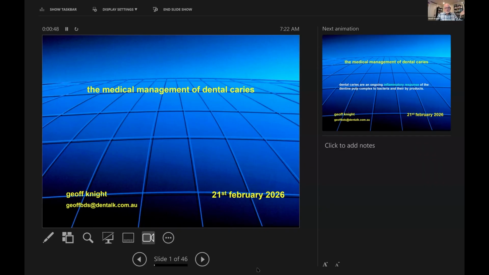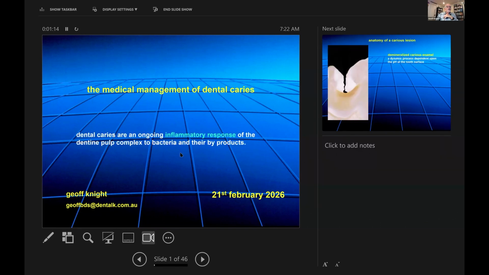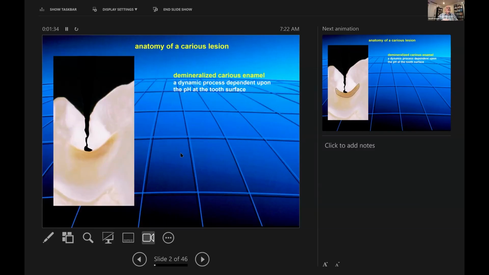It seemed we just removed the caries and put a restoration in. I pursued this through a PhD at one stage, and finally came to understand that dental caries is an ongoing inflammatory response of the Dentine Pulp Complex. So let's look at the anatomy of a carious lesion.